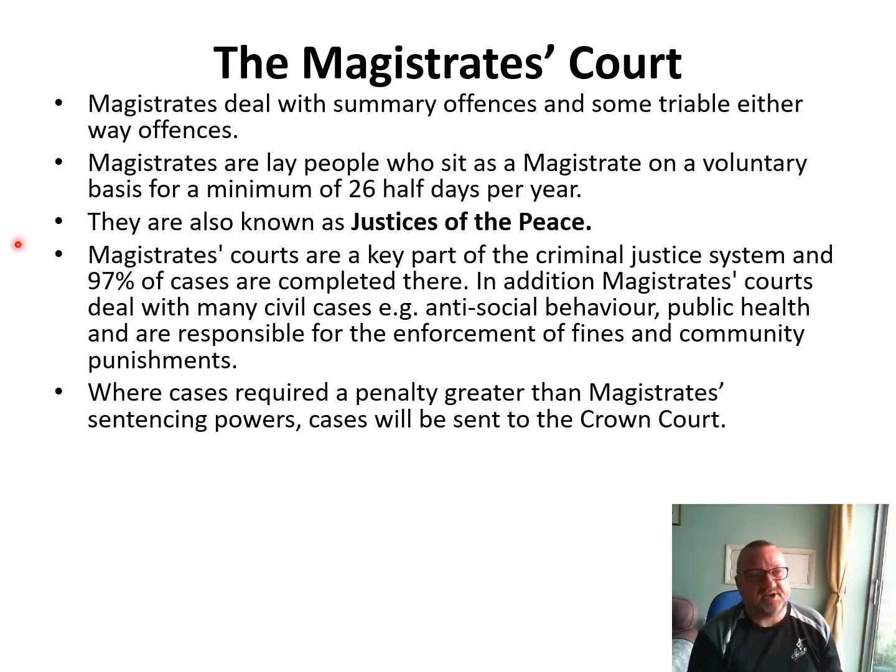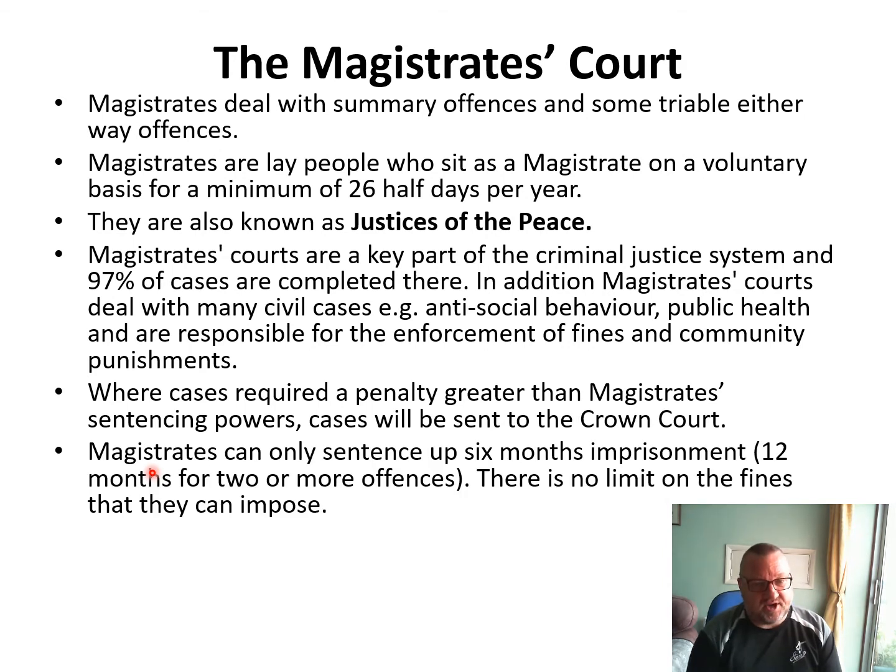And in general, it's those summary offences such as antisocial behaviour, public health, enforcing fines, community punishments that they will deal with, okay. But the key thing here is, cases that require a penalty greater than magistrates' sentencing powers are sent to the Crown Courts. Now this is key, so you need to be really clear on what the magistrates' sentencing powers are.